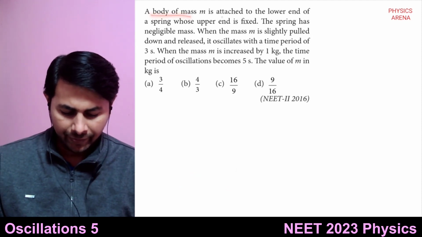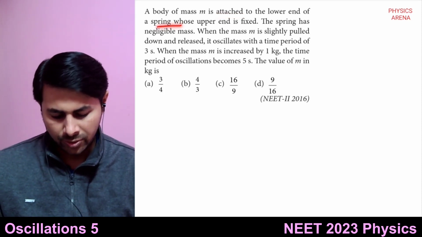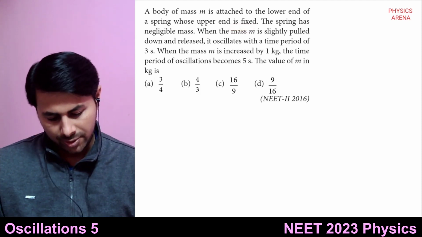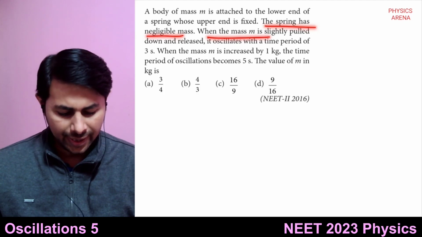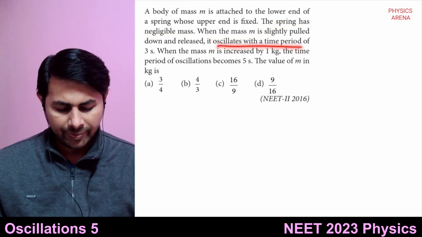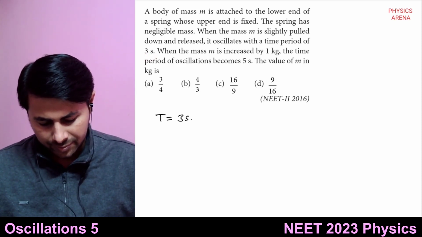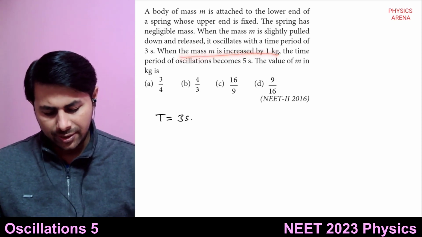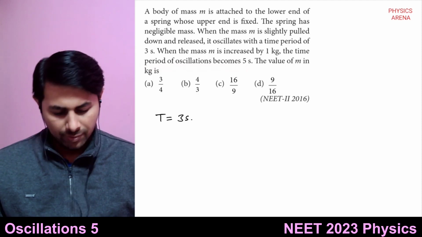A body of mass m is attached to the lower end of a spring whose upper end is fixed. The spring has negligible mass. When the mass m is slightly pulled down and released, it oscillates with a time period of 3 seconds. When m is increased by 1 kg, the period of oscillation becomes 5 seconds.